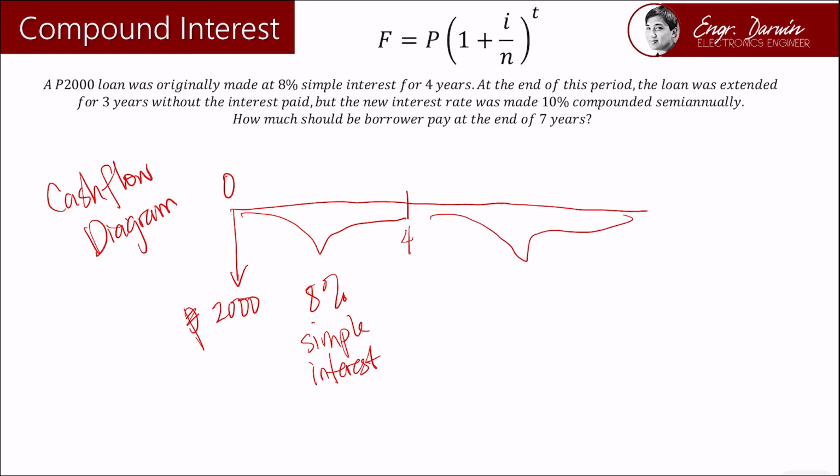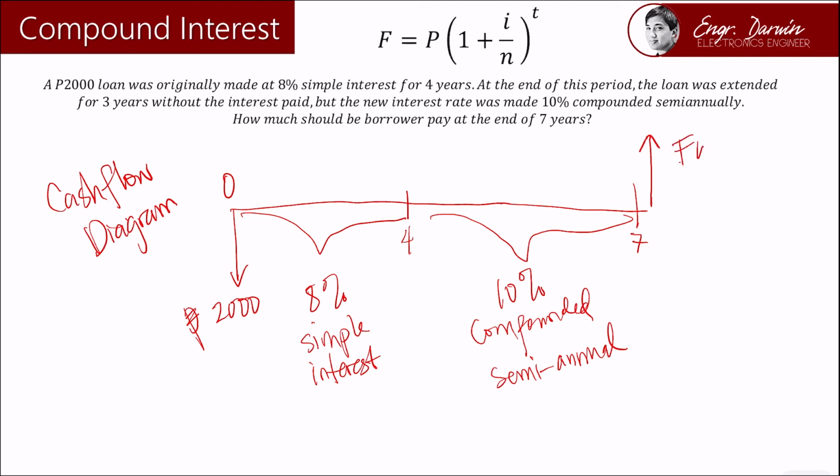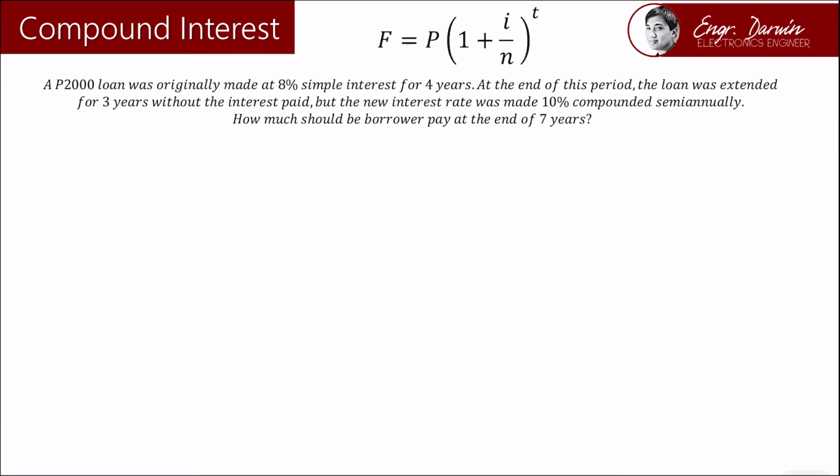And then for the next 3 years, until year 7 before the loan was paid, it has 10% compounded interest with semi-annual basis. So we have here the working cash flow diagram because we need to find what is the future amount, or the amount that the borrower should pay after 7 years.